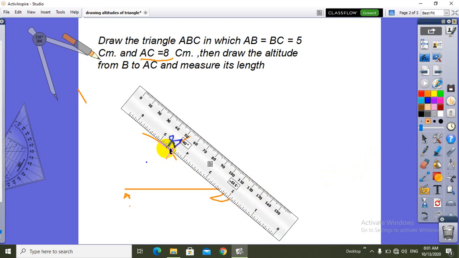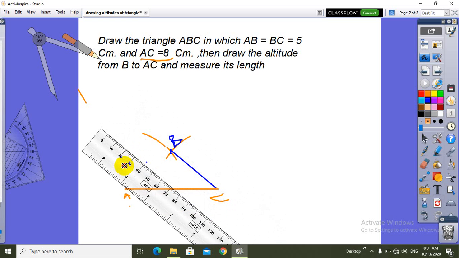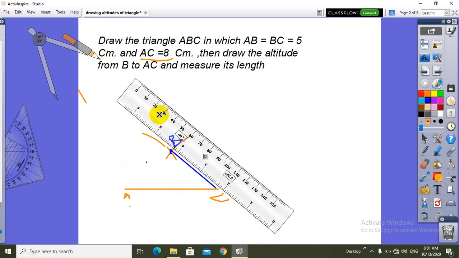Then by using the pencil, I will draw the second side, then move this ruler to draw the third side.